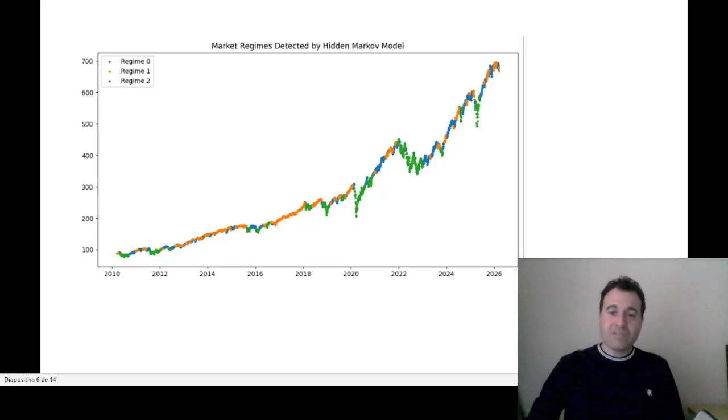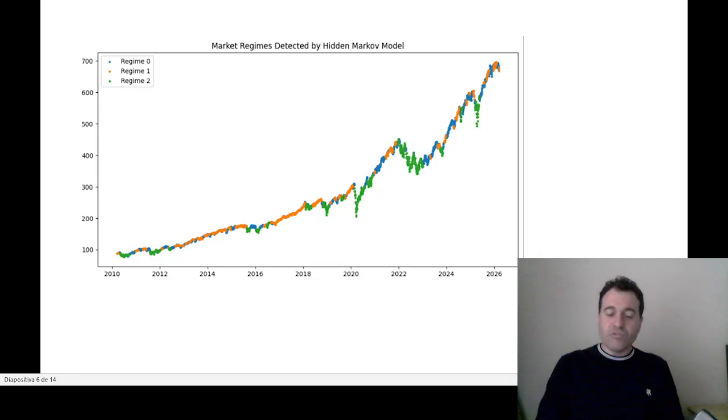These regimes can often be interpreted as Regime 0, a period of stable market growth and relatively low volatility. Regime 1, transitional market phases or moderate volatility. Regime 2, a period of market stress, higher volatility or correction.